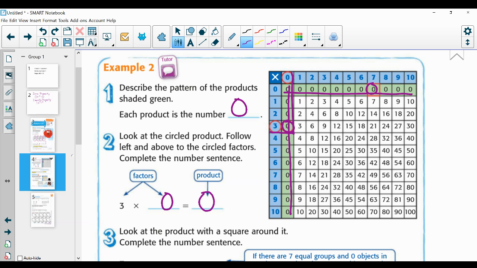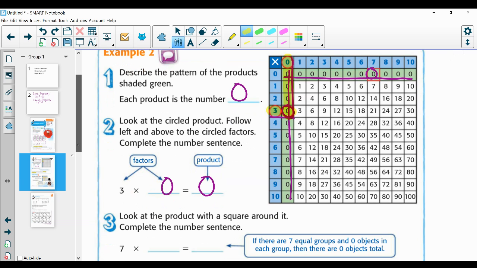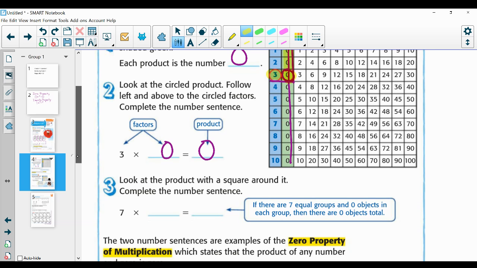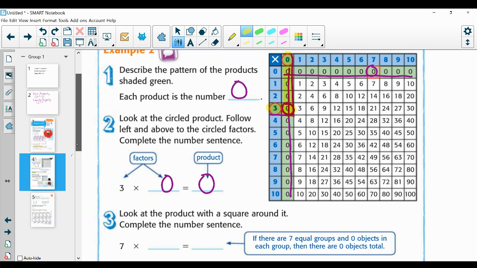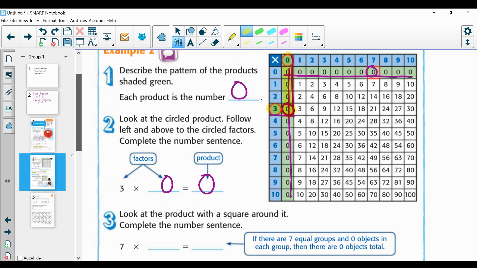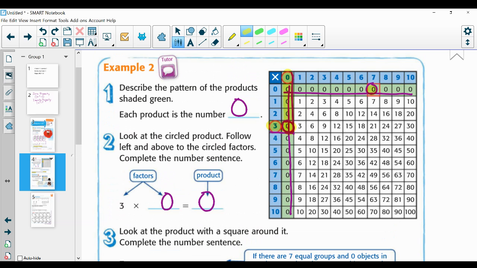Actually, I could highlight that. That'd probably be better. So we're getting a lot of lines. So 3 times 0 equals 0. Look at the product with a square around it and complete the number sentence. So the product with a square around it is right here. And if we go to the left and we go up, there are our factors.